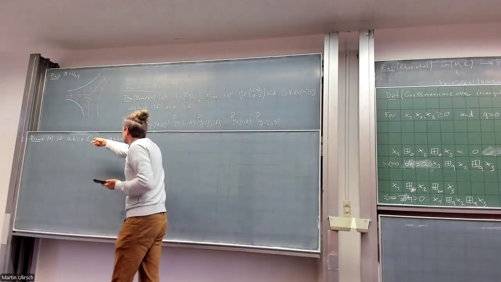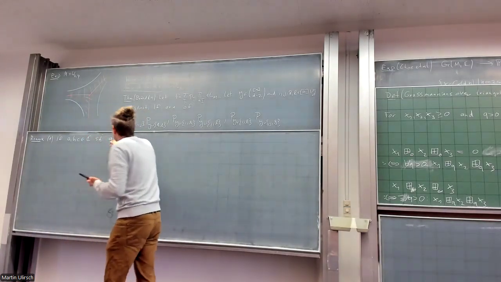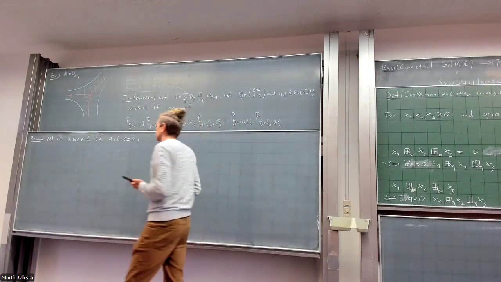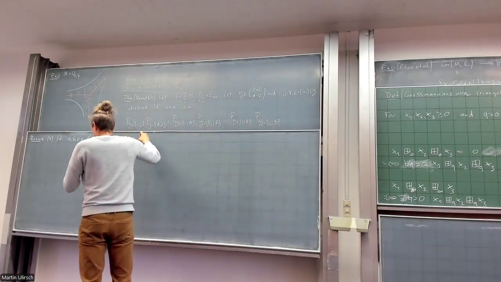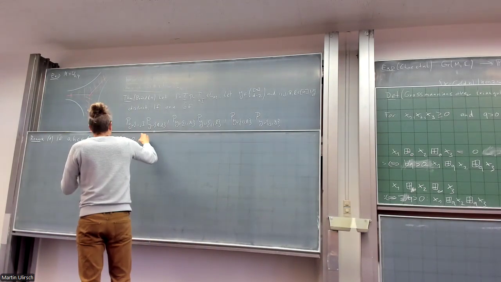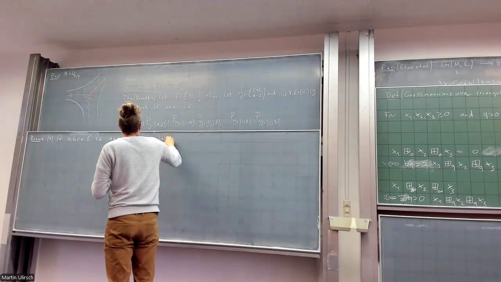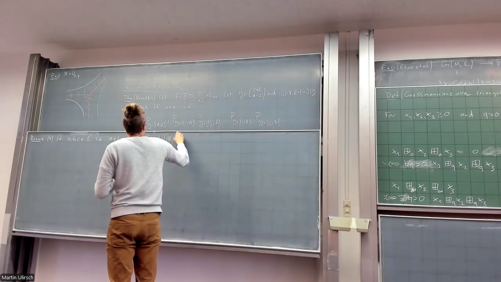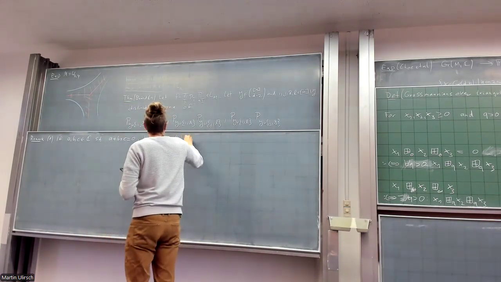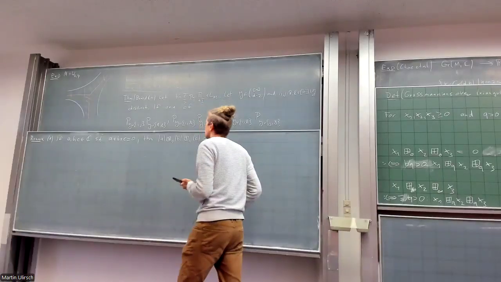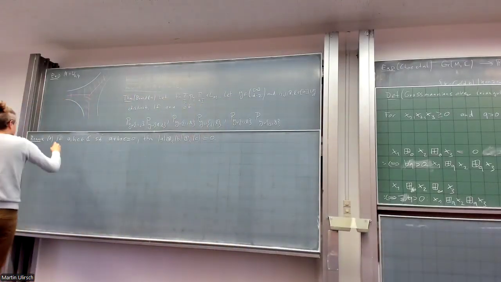So this is the complex plane. This just means that these are the sides of a triangle. So if we take the absolute value, then we get a map.